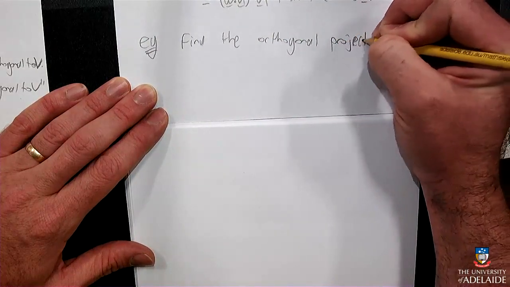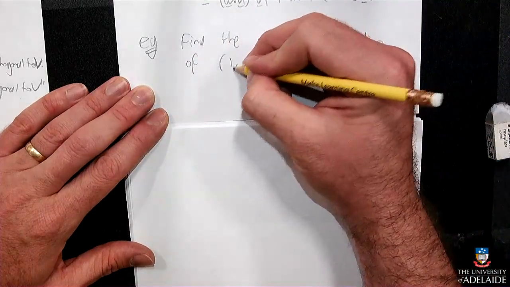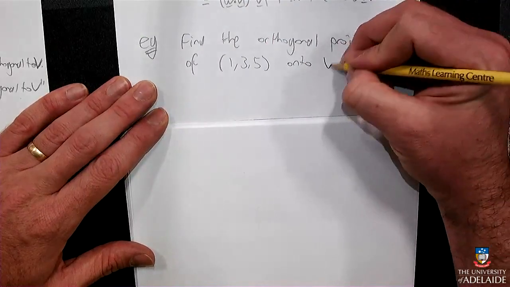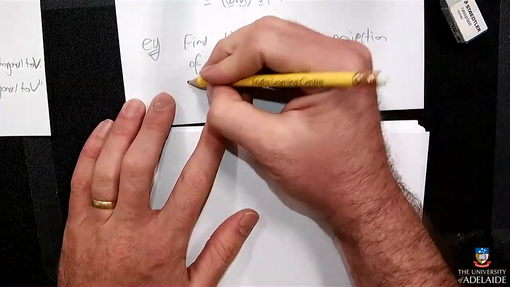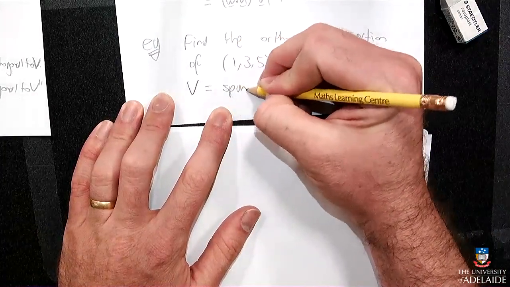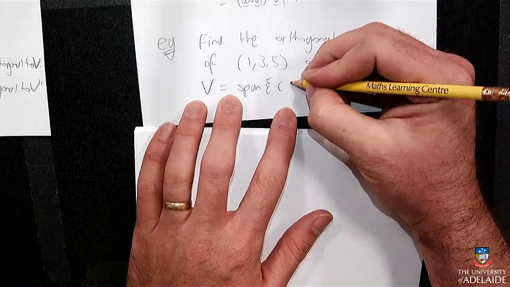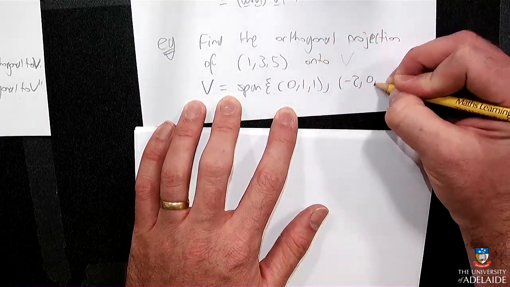Okay, find the orthogonal projection of, I don't know, (1, 3, 5) onto V, which is the span of (0, 1, 1) and (-2, 0, 3).